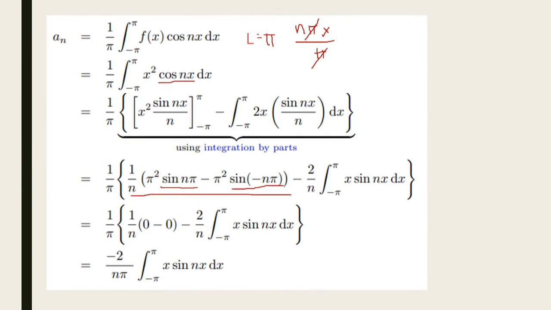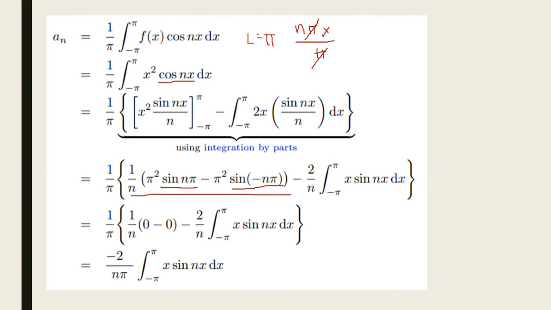We just need to notice this, sine n pi and sine negative n pi. Going back to the graph earlier, you may rewind the video if you want to see the graph. We can see that the interval is just jumping by pi. So whatever the value of n is, from 1, 2, 3, 4, 5, 6, it will still just be pi and negative pi. So that value will always be 0.